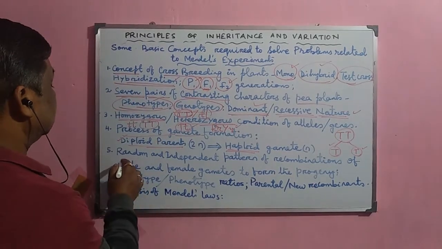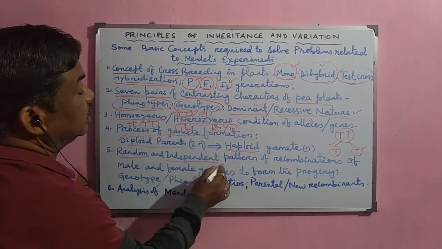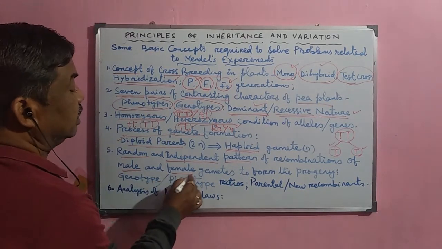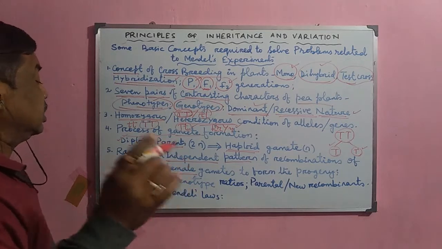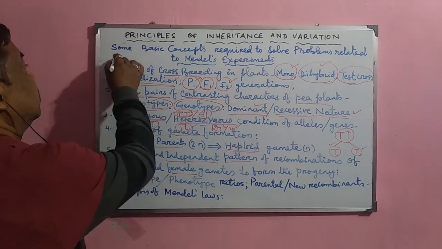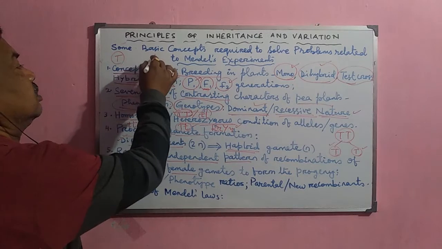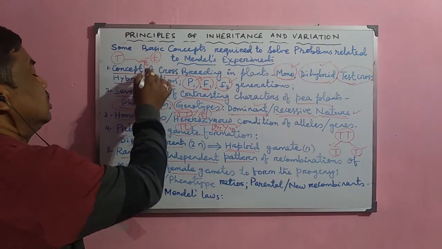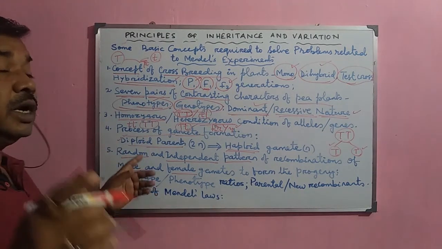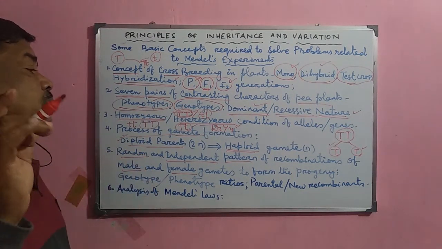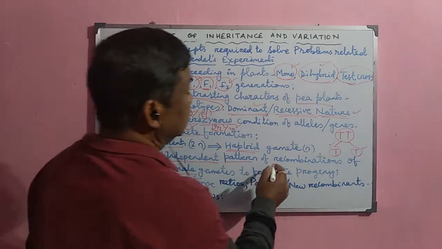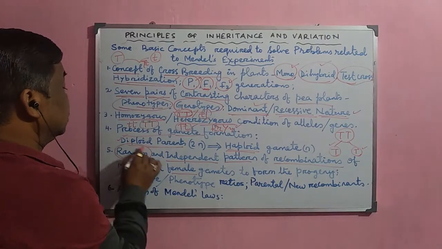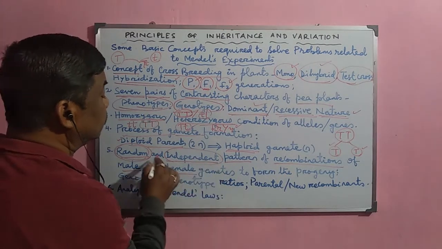Now next one, the random and independent pattern of recombination of the male and female gametes to form the progeny. That means suppose this is one gamete and this is another gamete, and how these two gametes fuse together to form a recombinant. So here is the random and independent pattern of recombination. The male gamete and the female gamete normally fuse randomly, and they are also independent of one another.